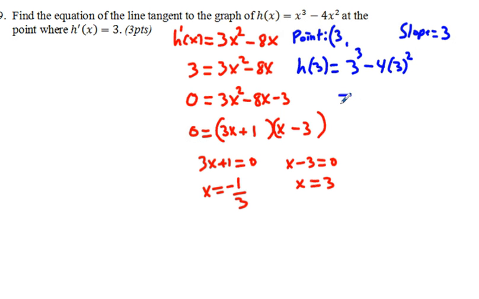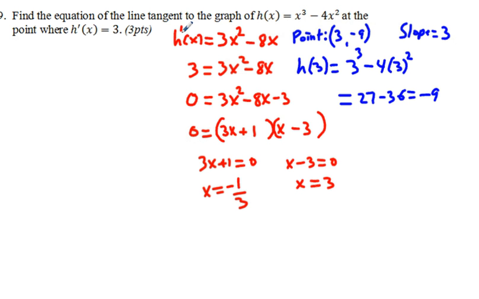So that's going to be 27 minus, let's see, 4 times 3 squared is 36, minus 36 equals negative 9. So that's going to be our slope. I mean, not our slope, our y value. Our slope is 3. So our point is 3 comma negative 9.